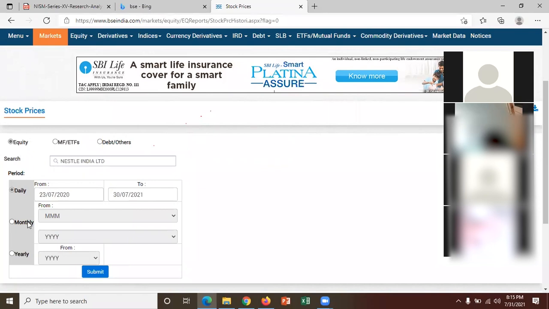So for example, if you are studying for the last 10 years data and अगर आपको yearly चाहिए कि Nestle का yearly price क्या रहा, so you can select the frequency from here also and then submit.